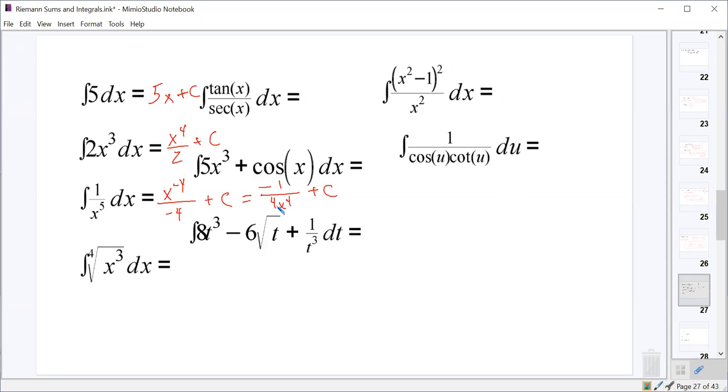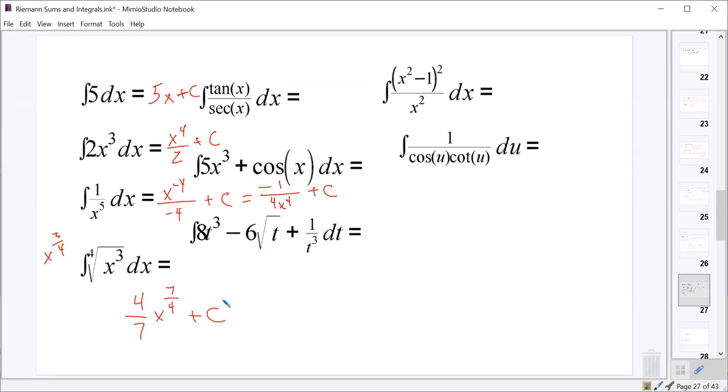So we're just using the power rule in reverse. This one's x to the 3/4, so we'll go up to x to the 7/4 and divide by 7/4, which will give us 4/7 x to the 7/4 plus a constant.